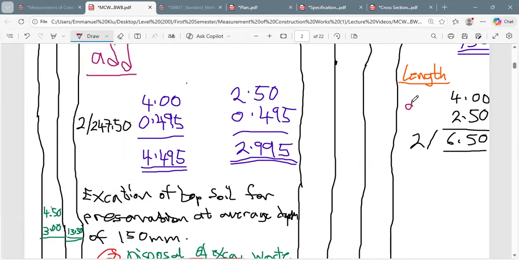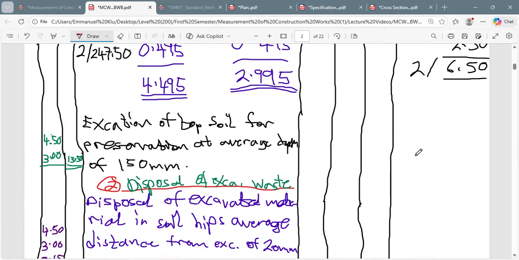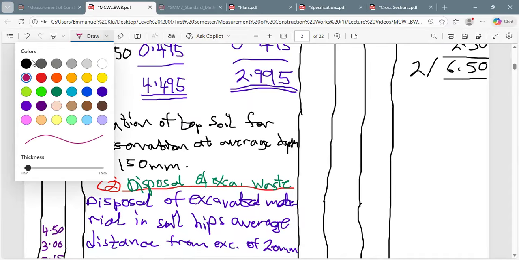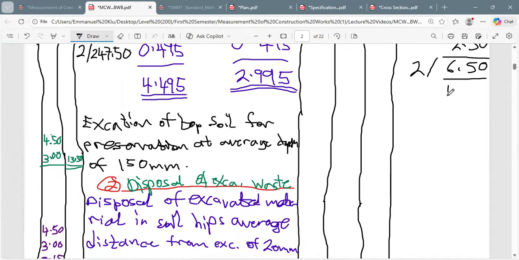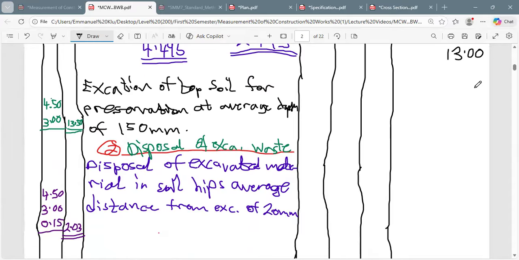So we say that add. All right. So at the end of the day, if you multiply this by this, you're going to get 13.00. And that becomes our length, including the corners. So we have to less the corners.